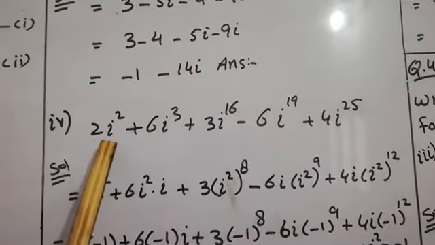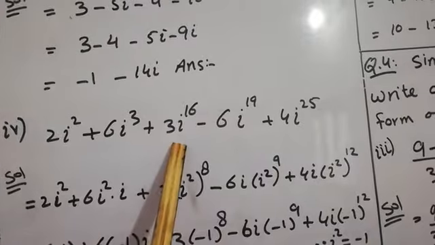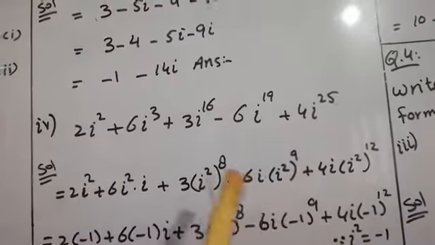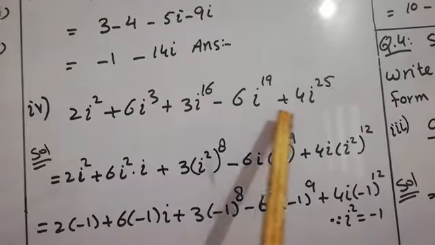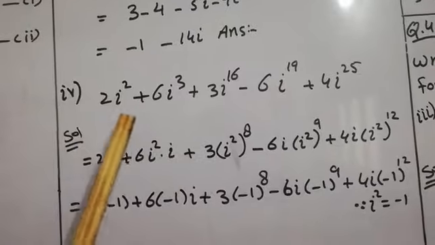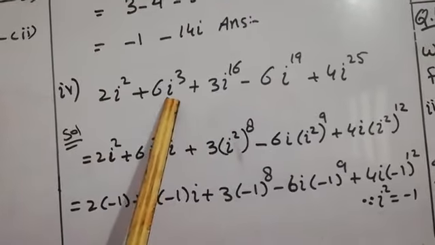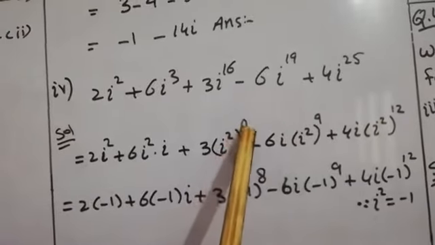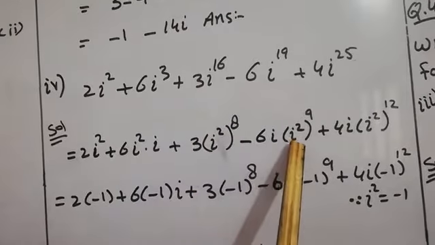Part number 4: 2 iota square plus 6 iota cube plus 3 iota to the power 16 minus 6 iota to the power 19 plus 4 iota to the power 25. Dear students, first of all we will change these iota powers into the form of multiples of 2. This is already written in the form of iota square, and this will be written as iota square into iota, iota square raised to power 8, 8 twos are 16.